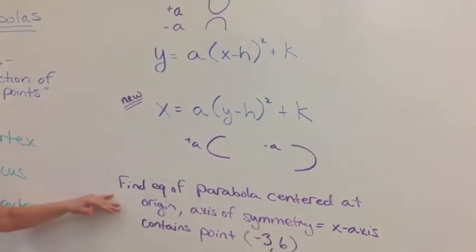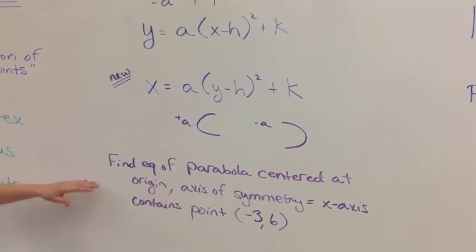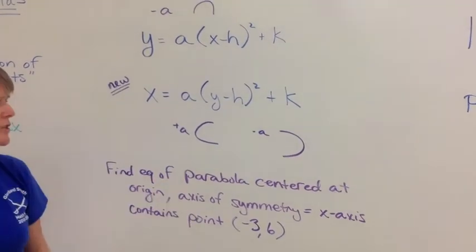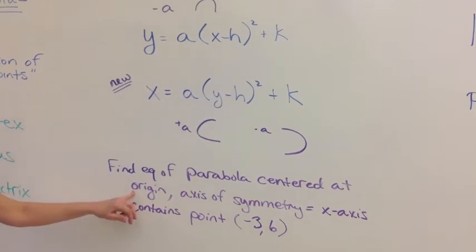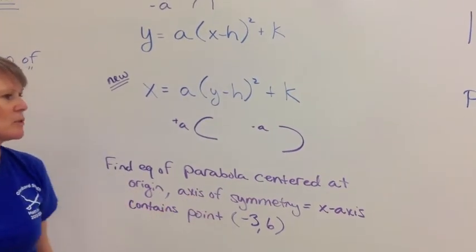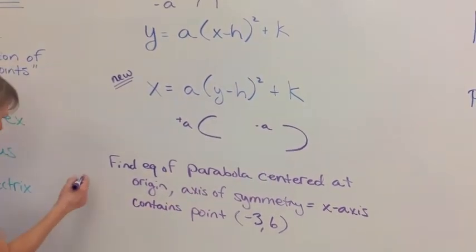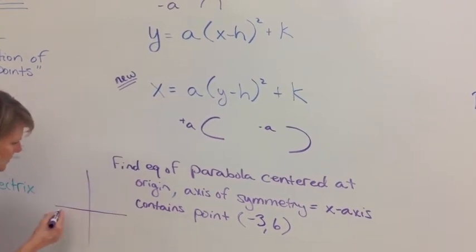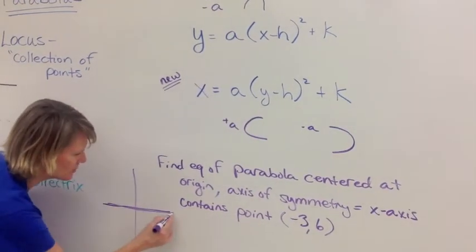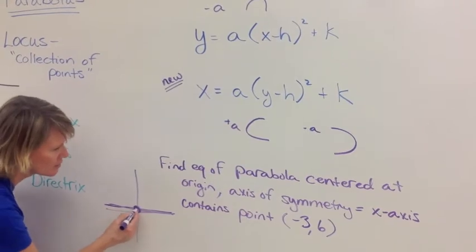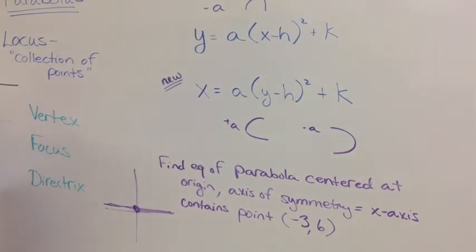Okay, we've done a little bit of this before. We're going to find the equation of a parabola centered at the origin with the axis of symmetry equal to the x-axis. Let's draw that first. My axis of symmetry is going to be my x-axis, and I want this parabola centered at the origin.